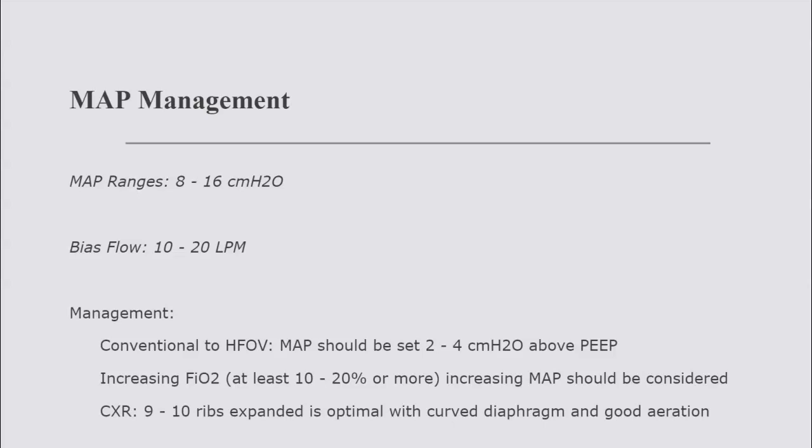I like to go by the 20% rule. If, let's say, I start my shift and my baby's on 40% FiO2 and I go up to 60% FiO2 and we're consistently hanging out there, I want additional pressure, because clearly we don't have enough pressure to allow for accurate gas exchange.